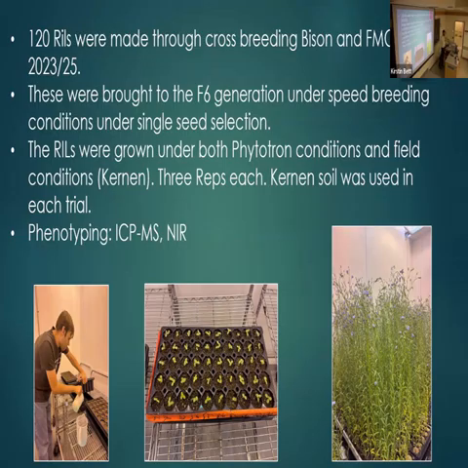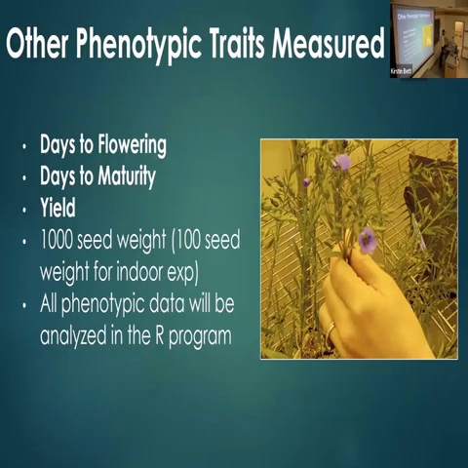The phenotyping we'll be using is ICP-MS and NIR. The key traits being measured, besides the level of cadmium in the seeds, are days to maturity, days to flowering, yield, and 1,000 seed weight.